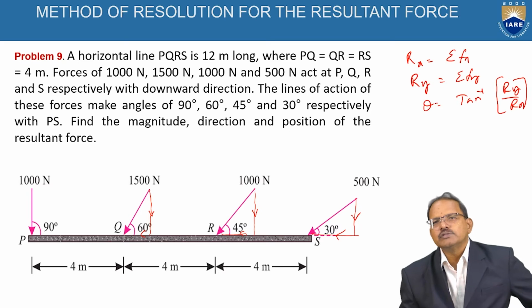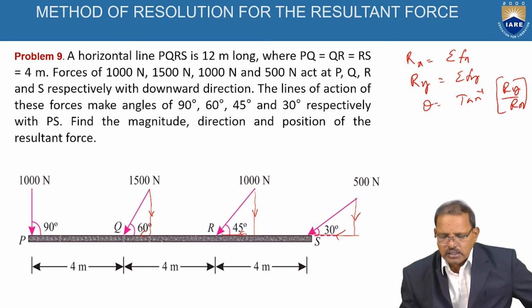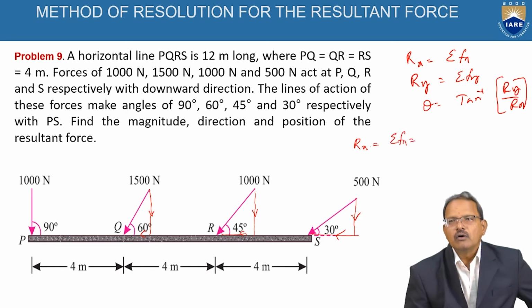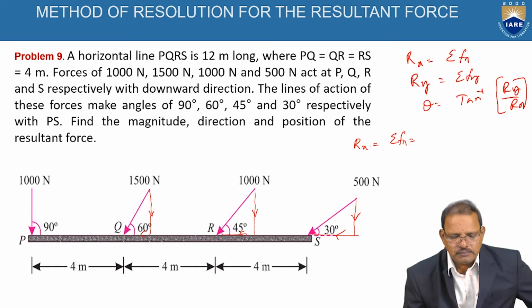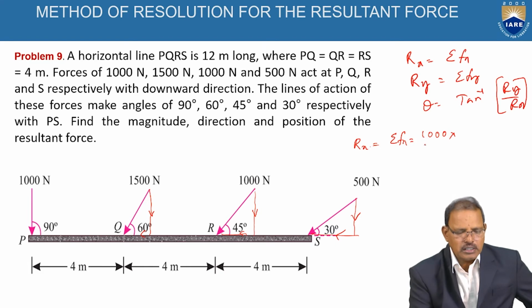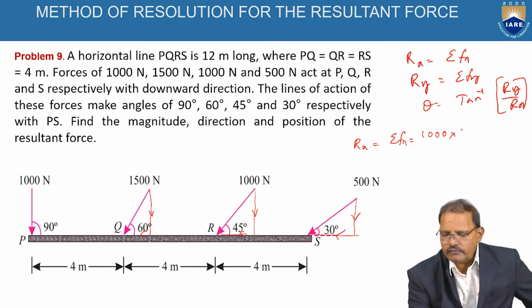The sum of the forces acting along the x direction, that is Rx equal to sigma Fx, we require now. According to this problem, the first force is 1000, the angle is equal to 90, so we take it as cos 90.